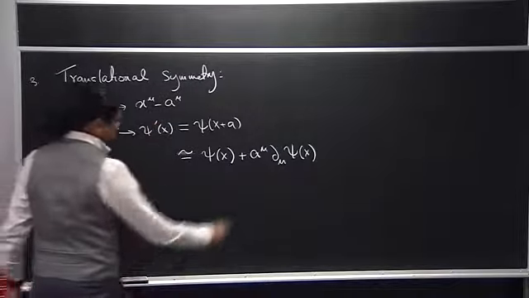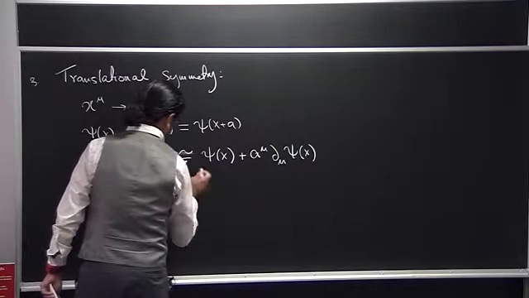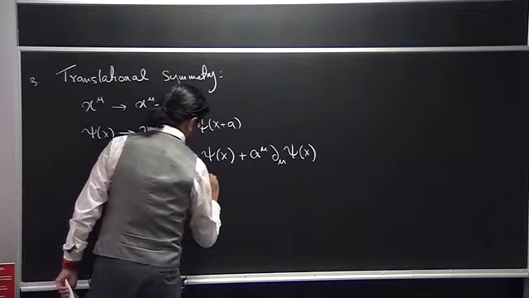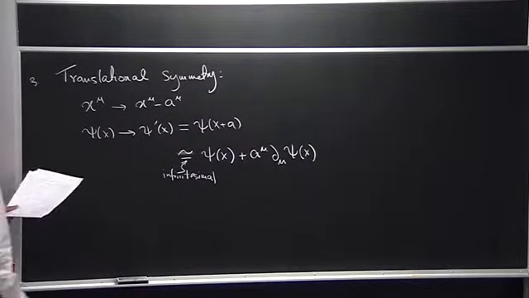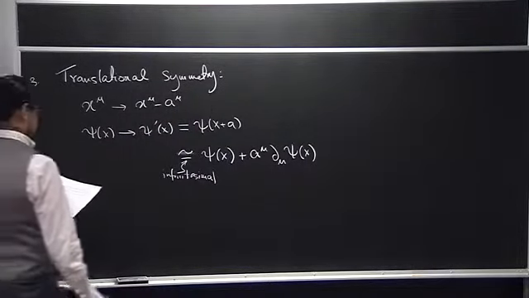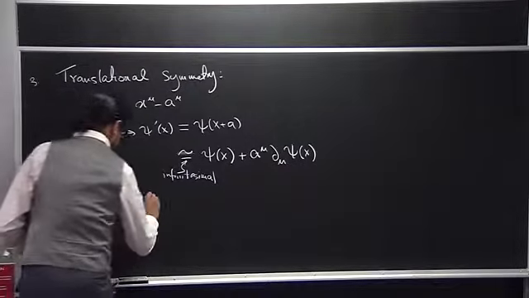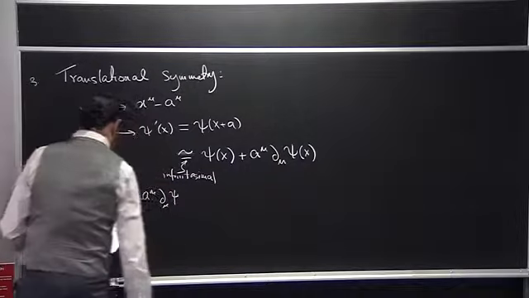Here we are assuming that A is infinitesimal. Right. So delta of psi then is A^mu times partial_mu psi.